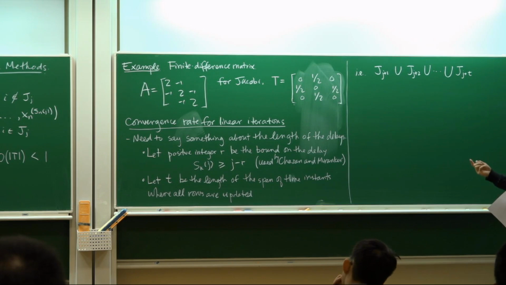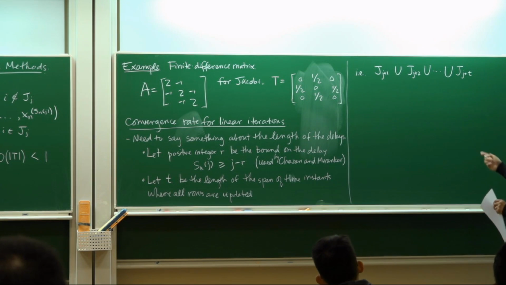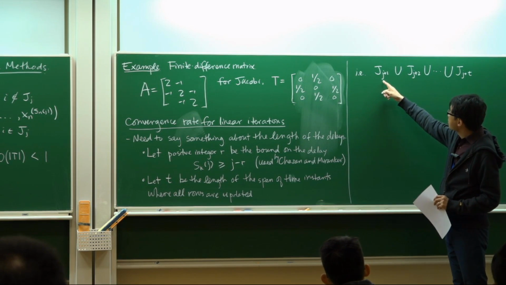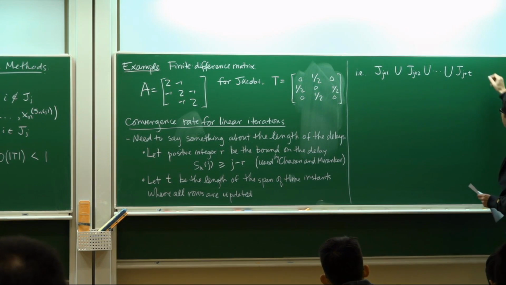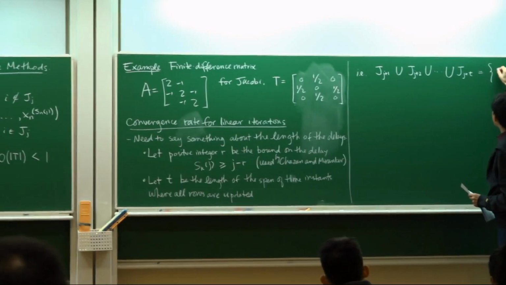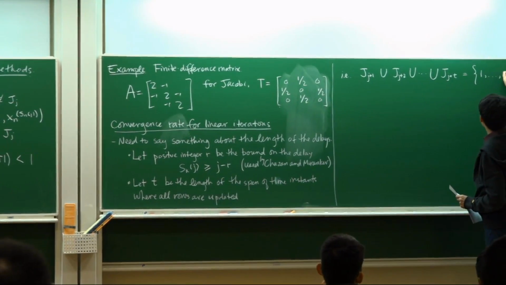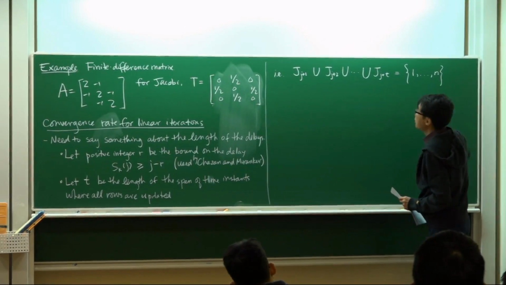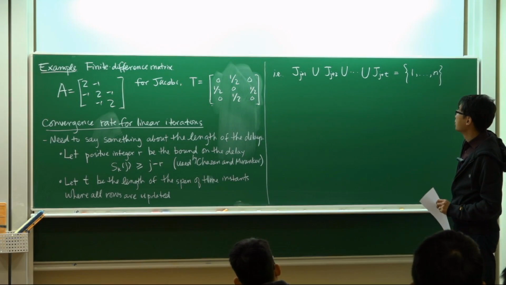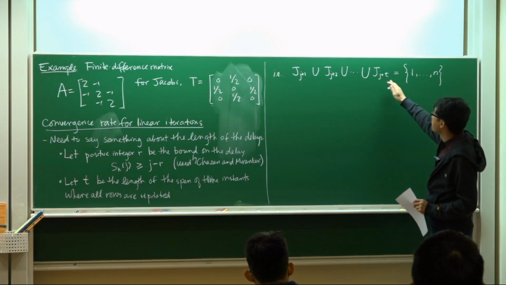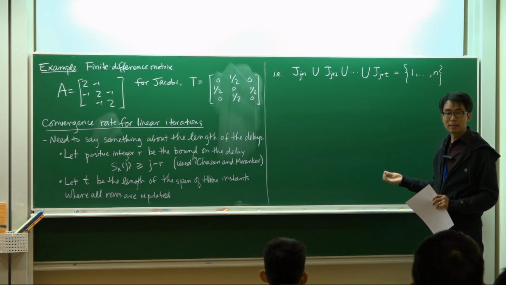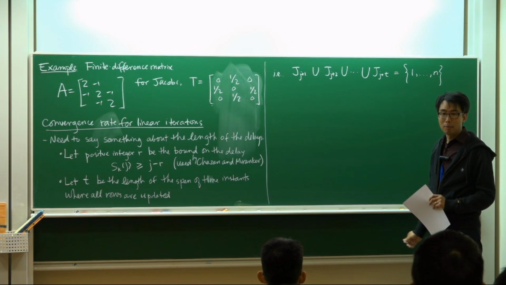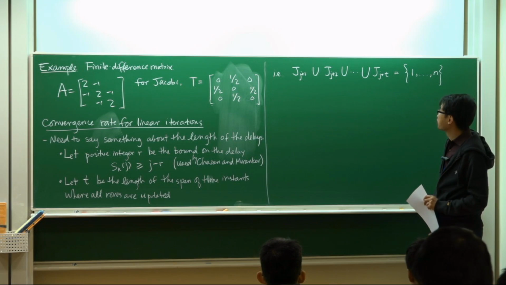During these time instants from j plus 1 to j plus t, all of the indices are updated. We have n indices, and all of them are updated. This is how t is defined. It would be the smallest t in which this happens for all possible j, little j.